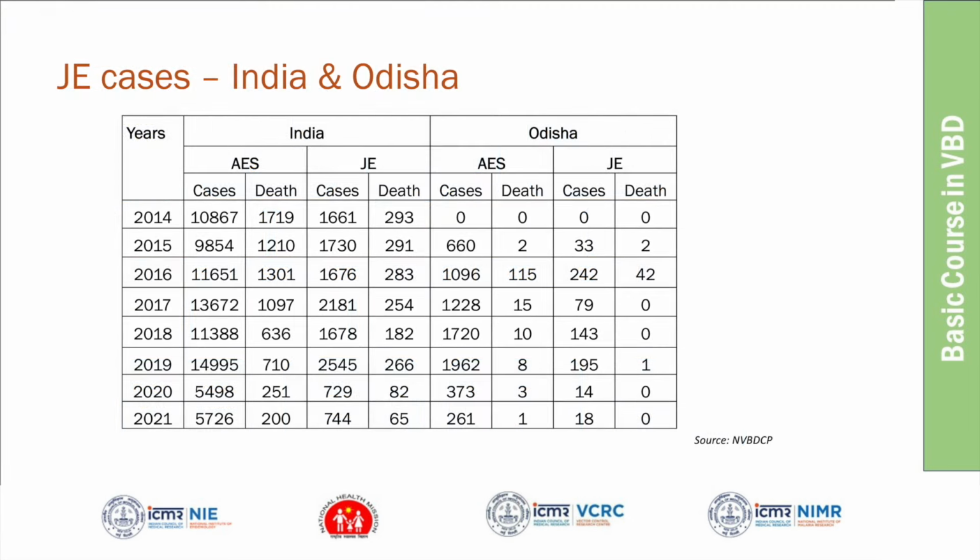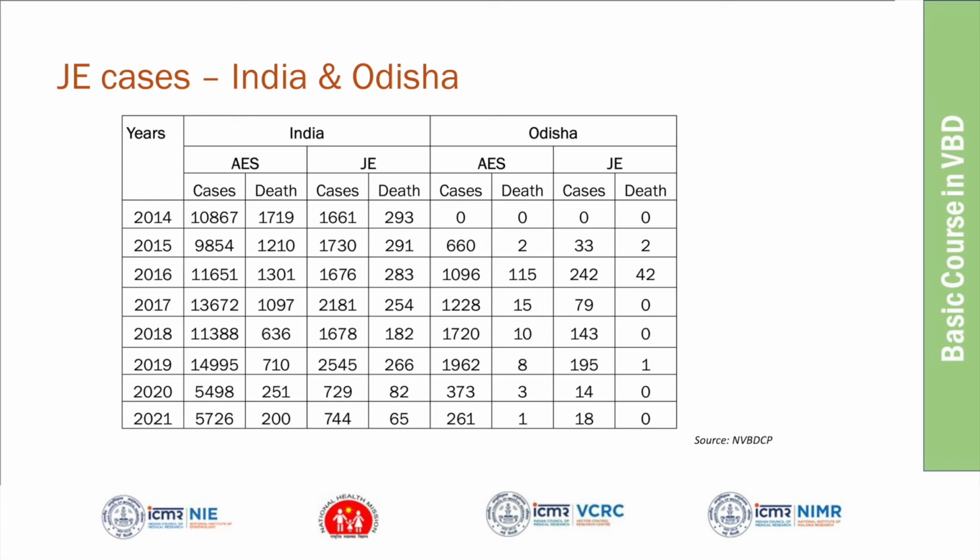If you look at the number of cases that have been reported to the National Vector-Borne Disease Control Program, in Odisha, the number of AES cases and JE cases have increased since 2016. Between 2016 and 2019, on an average, around 1,500 AES cases and 150 JE cases were reported.